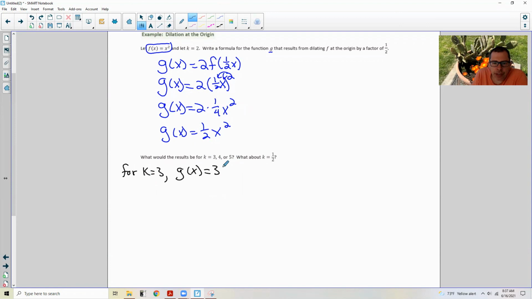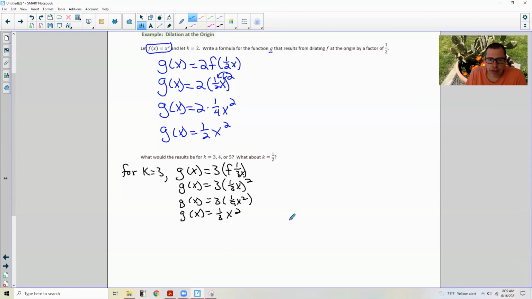That would be 3 times f of 1/3 x. And since f of x is x squared, this would then become g of x equals 3 times 1/3 x quantity squared. And that would simplify to 3 times 1/9 x squared. And then I would multiply that by 3 to get 1/3 x squared.